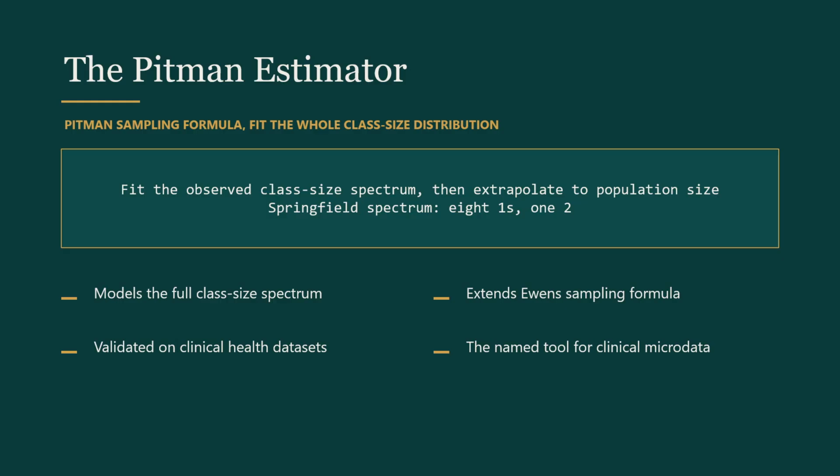You fit the model's parameters to your observed spectrum, and then you run the fitted model forward to the full population size to predict how many of your singletons would still be singletons if you had drawn everybody. Because the fit uses the whole spectrum rather than a single ratio, the resulting estimate of population uniqueness is markedly more accurate, and studies on real clinical datasets have shown it tracking the truth well where cruder rules do not.